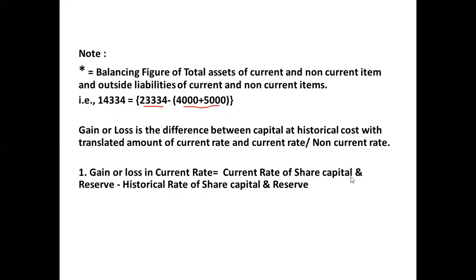Current rate of share capital and reserves minus historical rate of share capital and reserves. So we take the values here: 12,500 as the current rate of share capital and reserves minus the historical rate of 15,000. So 12,500 minus 15,000, it's a loss of 2,500. Let's look at the balance sheet.